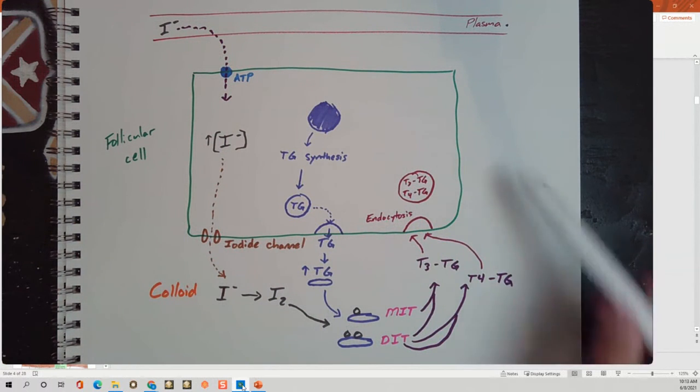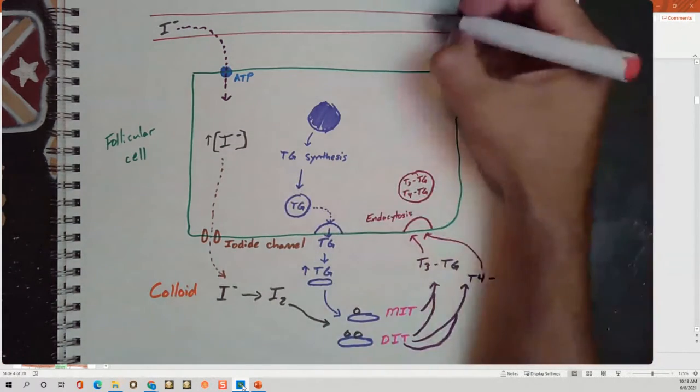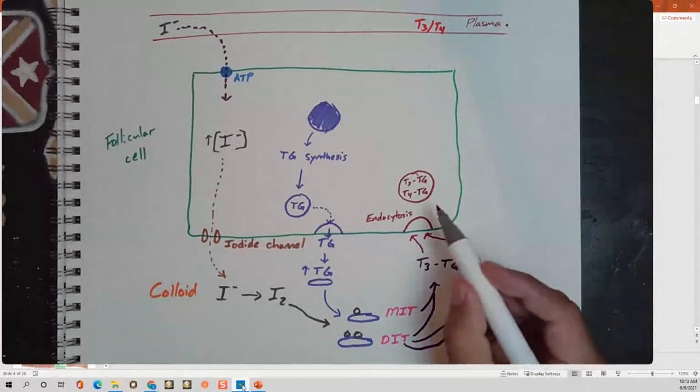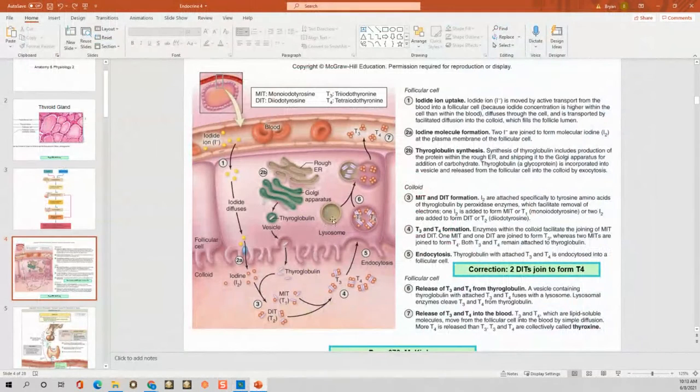What do we need to get rid of? If I want T3, T4 out here in the plasma, what do I need to get rid of? I need to still get rid of that thyroglobulin. And this is what we have lysosomes for, right? These crazy little lysosomes that you learned about once upon a time and immediately forgot about.